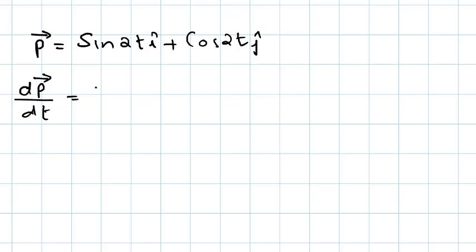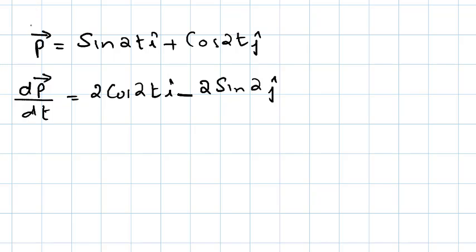That will be 2 into cos 2t in the i direction. Cos 2t is like cos 2x. The derivative must be minus, but there is a constant 2 here, so this is minus 2 sin 2t j. So the second one gives you force, the first one is momentum.